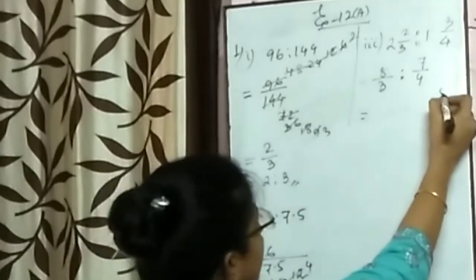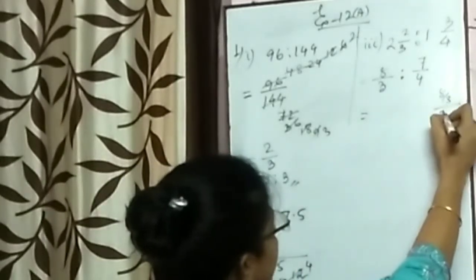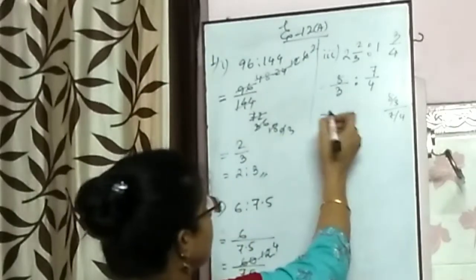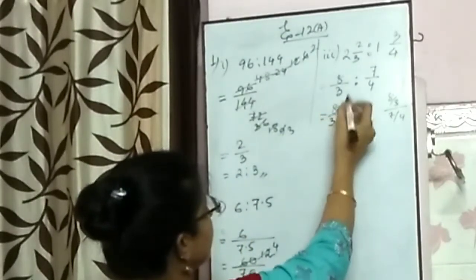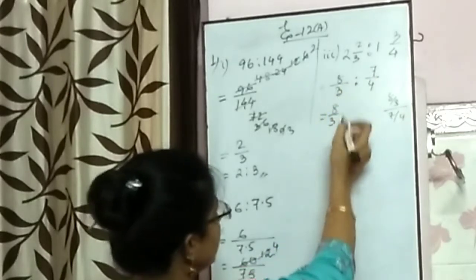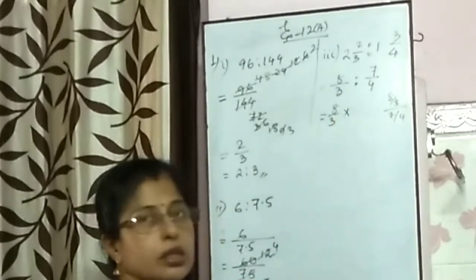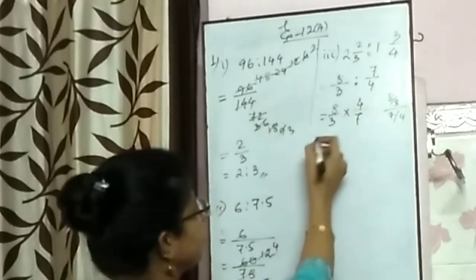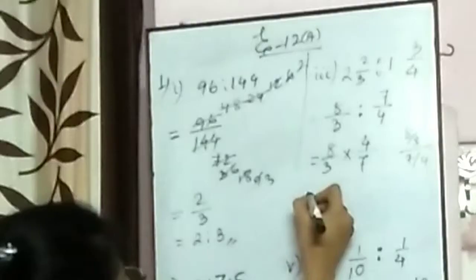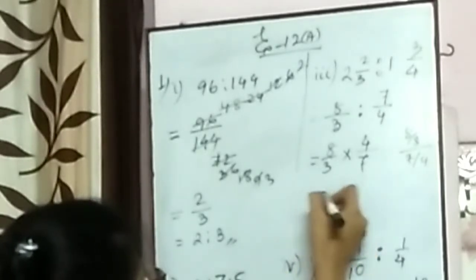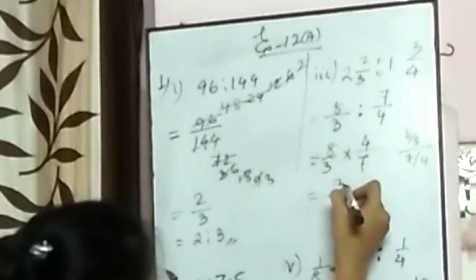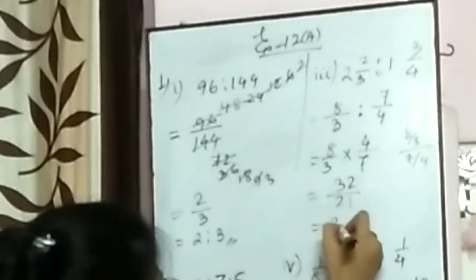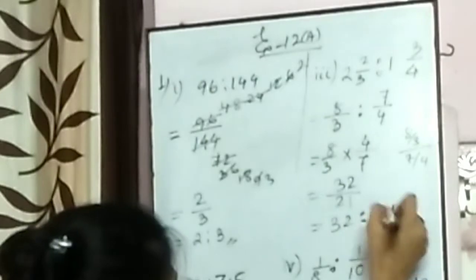So we can make it 8 by 3 divided by 7 by 4. Then the terms can be reversed. Without doing that, you do it in a simple way. Division means, this ratio means the division. You convert it into multiplication, then the numbers will get reversed. Here it goes, 32 by 21. So 32 is to 21.